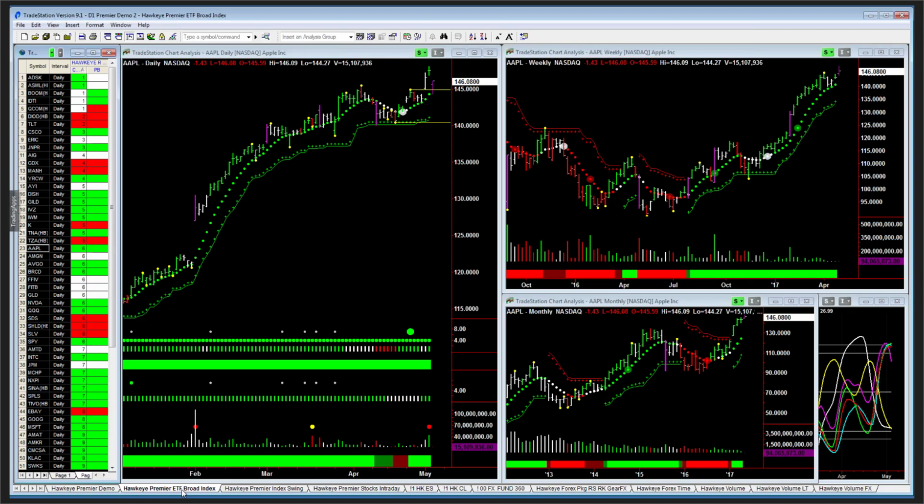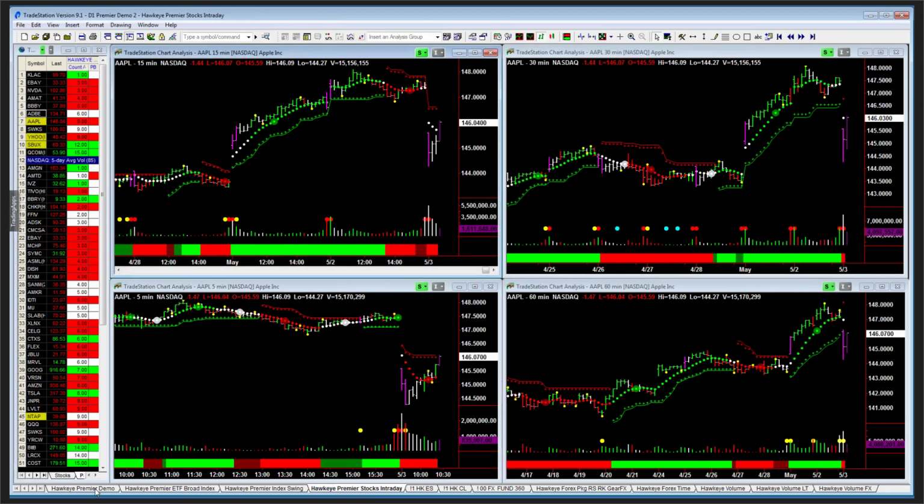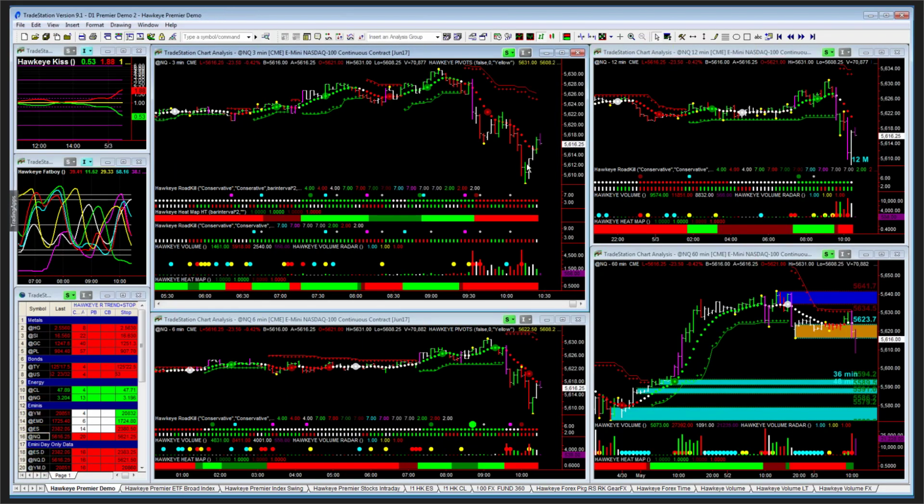Looks like we are on a path of gap fill, so watch for that fill right around the 147 region on the Apple. Intraday, we are looking at the buying volume coming in on that Nasdaq to rally back up, and we're waiting to see this extreme weakness in Nasdaq come back in line.